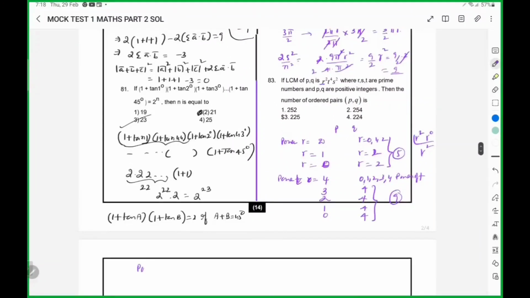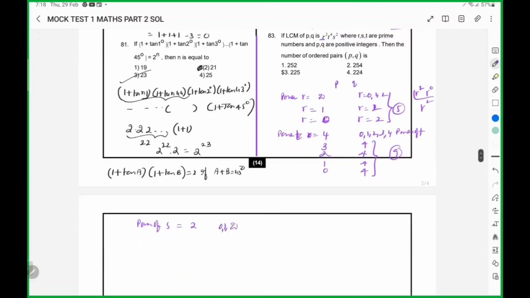Even the power of S, if you take it as 2, then in place of this, you can take 0, 1, 2, like S power 0, S square. The LCM of these two will be S square. If S is 1, in the other number S must be 2. S is 0.